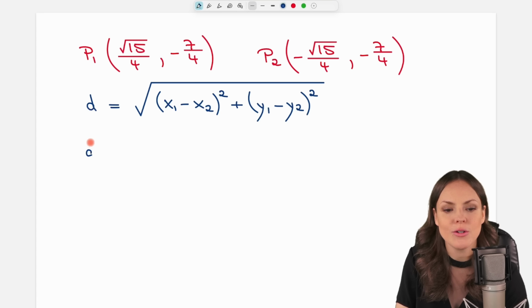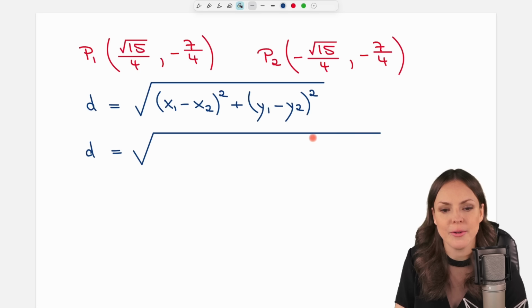So let's insert everything we are working with here. We have x1 is the x-coordinate of our first point, so this is my x1. So instead of x1, I'm going to write down the square root of 15 over 4.